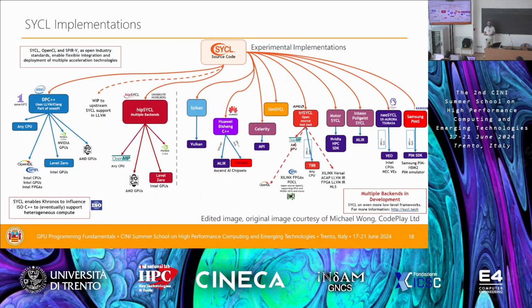And very important, work in progress is the upstreaming of SYCL to LLVM, because this means that in the near future, any LLVM installation will have a -fsycl flag supporting SYCL. And there are many more. But it's very interesting that SYCL is now also going to embedded, with Huawei and Samsung.